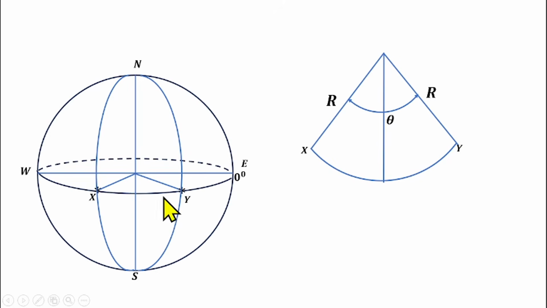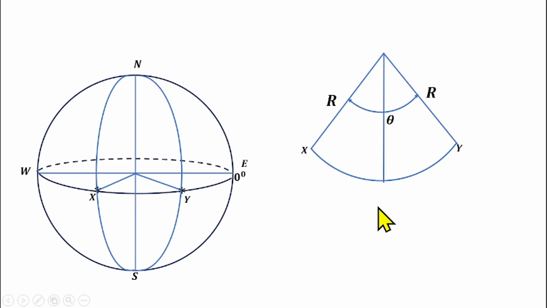Then the distance between point X and point Y is along that equator, because that's what they have in common, along that great circle, which is the arc we have here. So the distance between X and Y is along the great circle, and it is the same thing as the length of this arc. Do you remember the formula for finding the length of an arc of a circle?